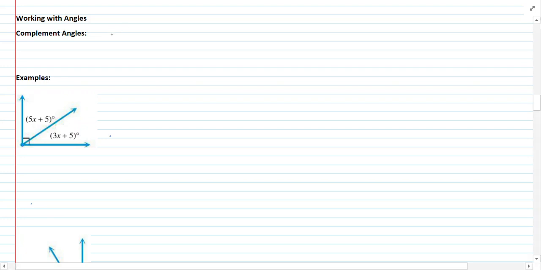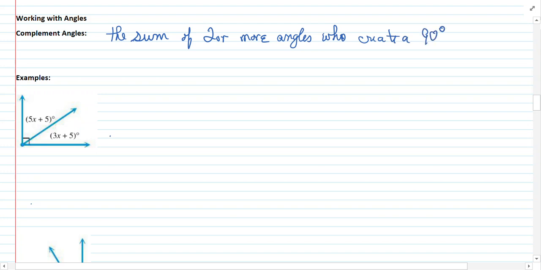Complementary angles are the sum of two or more angles who create a 90-degree angle.